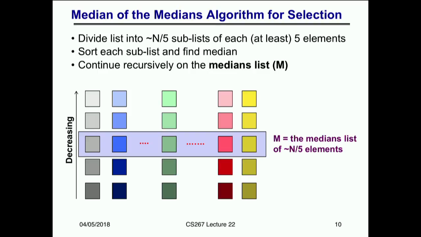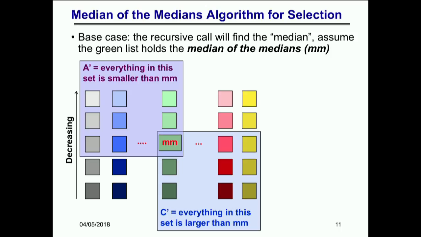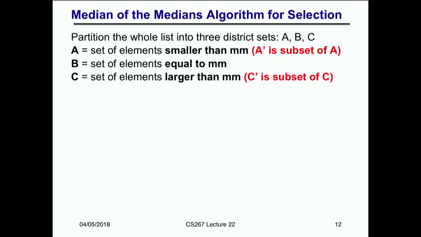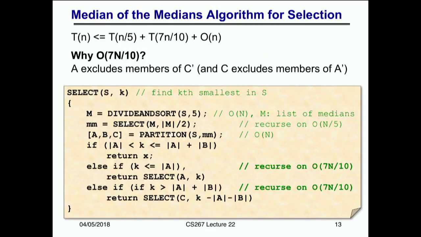It will eventually find it based on the induction from the base case. And assuming that I find it, what is the cost of figuring out what part of the data lies on the smaller side of MM versus the larger side? That's the cost of O(n). It's not the cost of finding medians. In recursive algorithms, you assume that your recursive function will find that element, and you have to prove it with induction, but that's not the cost of finding the median. It's the cost of partitioning the data, the plus order n.